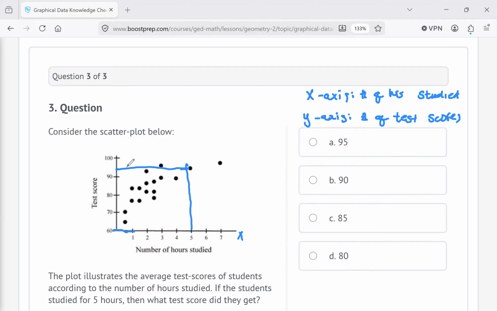It's halfway between 90 and 100, so that's about 95. 80 and 85 are too small, and 90 is not right, since it doesn't hit exactly at 90. So your only choice would be A.